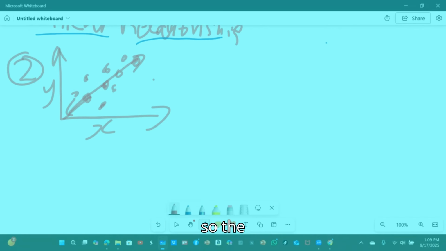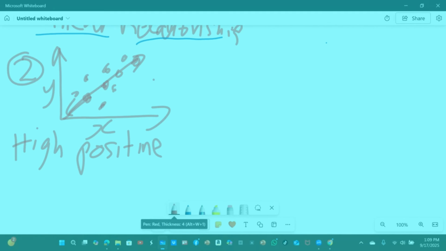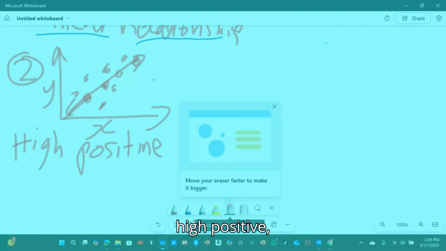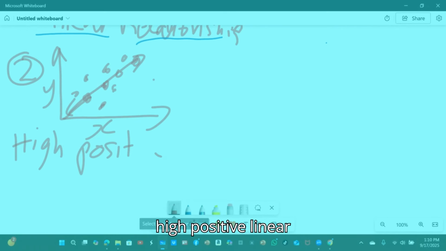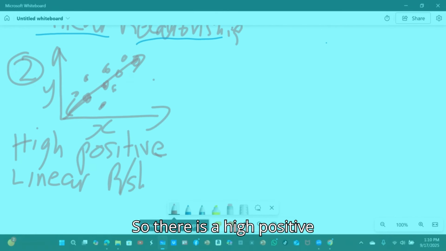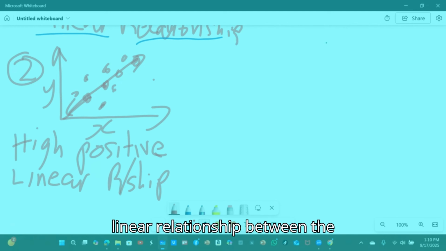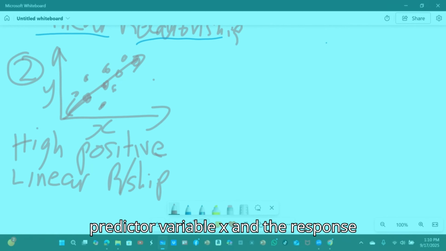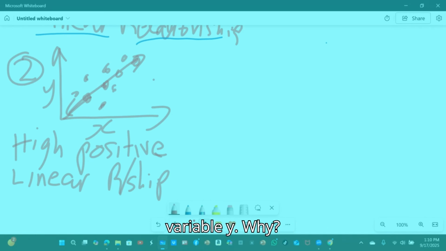Okay, so the relationship is a high positive linear relationship. There is a high positive linear relationship between the predictor variable x and the response variable y.